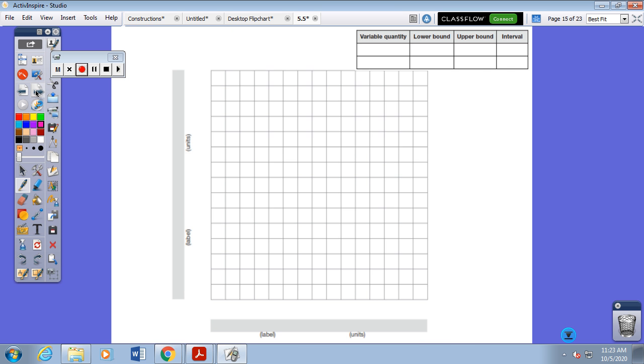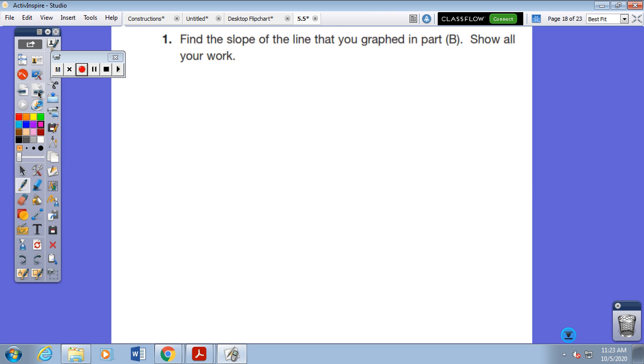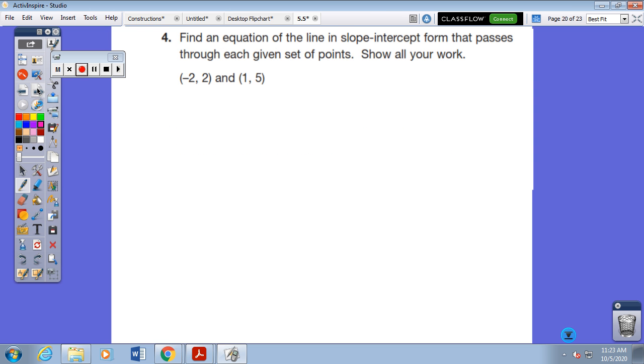Okay, now we're going to move to number 4. So I think we skipped over a couple of pages here.